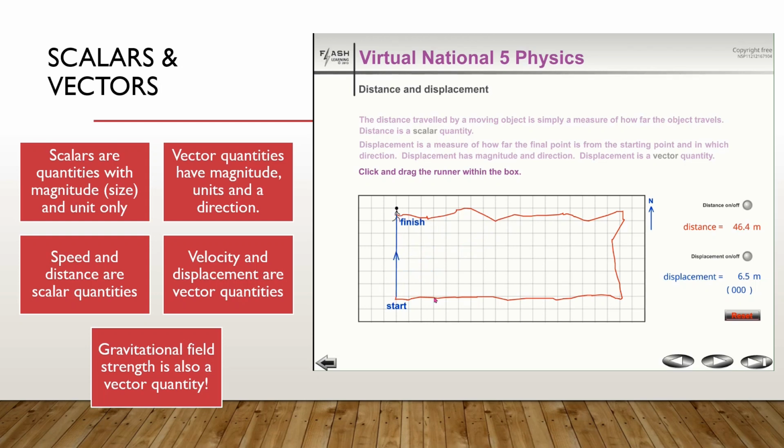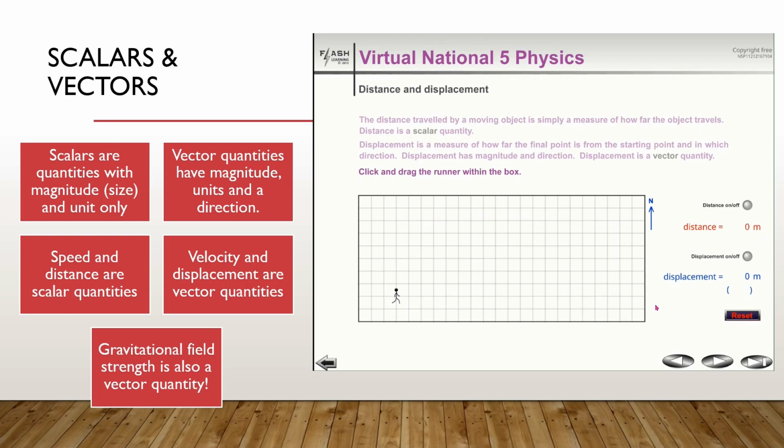So this is where I've actually walked, the red line. That's my distance, which is, according to this, 46.4 meters. But I'm only 6.5 meters from where I started. And what's more, I'm at a bearing 000, which I hope you know is due north.